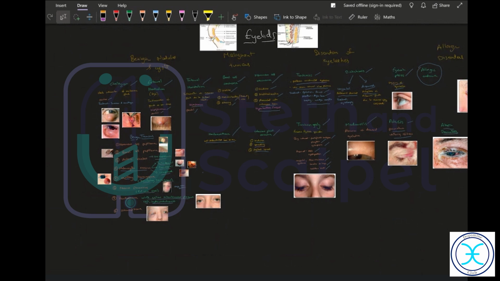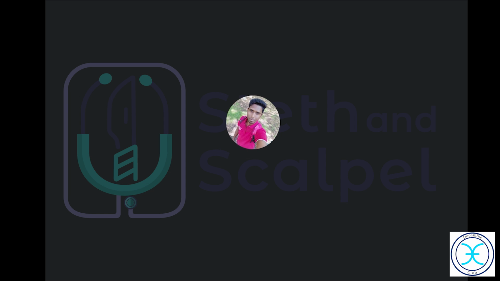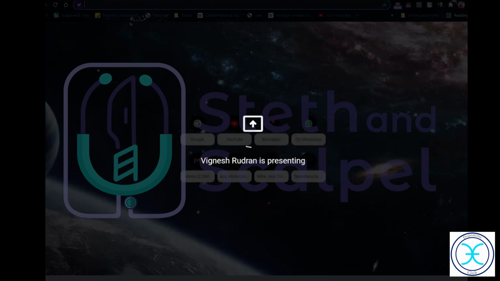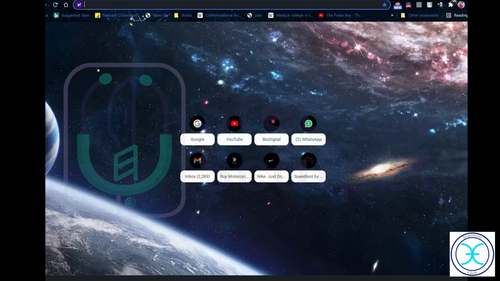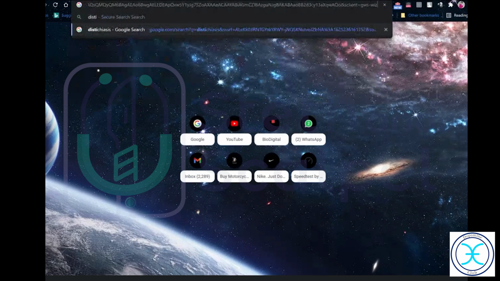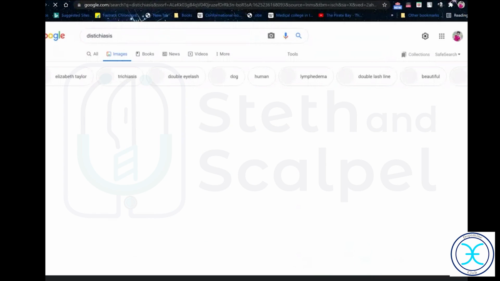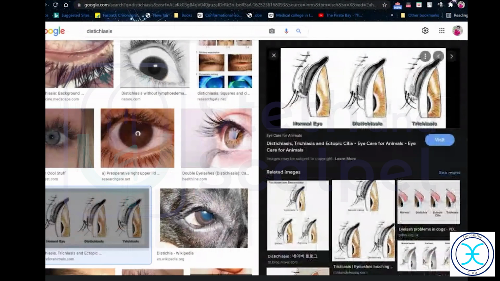So I found a picture for you guys. Here, can you see the difference between normal eye trichiasis and distichiasis?